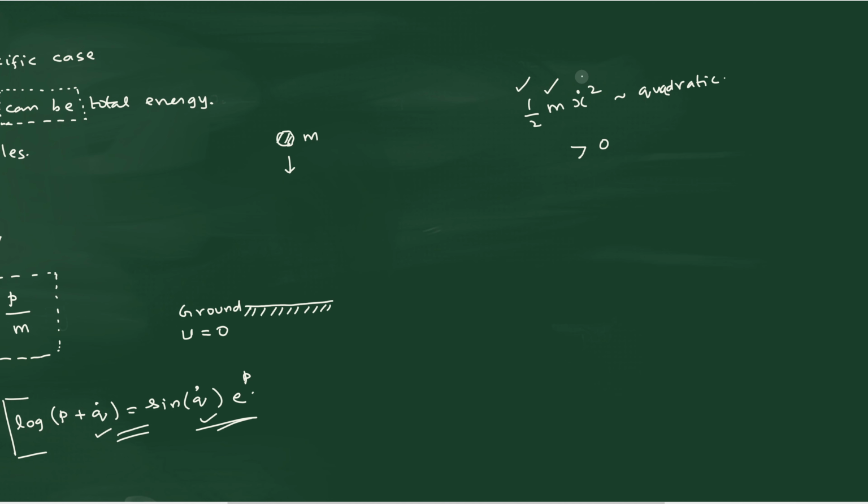And when you are squaring the velocity, velocity can be negative, but the square you are taking, and therefore that must be a positive number. So because of the quadratic nature of the kinetic energy term, the interesting feature in the physical system is that this particular term is always greater than 0, and mathematicians use the word positive definite.